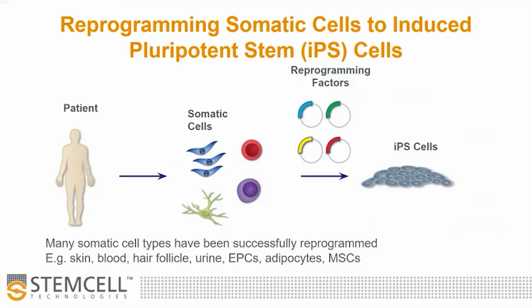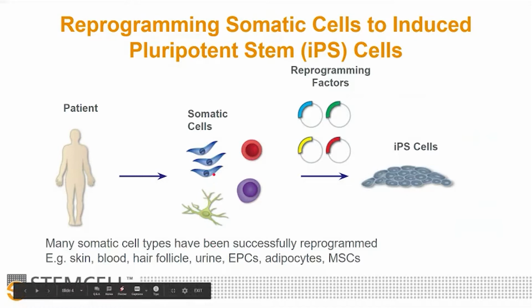The other point to make here is that it's very critical in disease modeling. Patient cells can be taken from a patient with a specific disease phenotype, and those somatic cells can be reprogrammed into induced pluripotent stem cells, which is very useful for a disease modeling researcher.